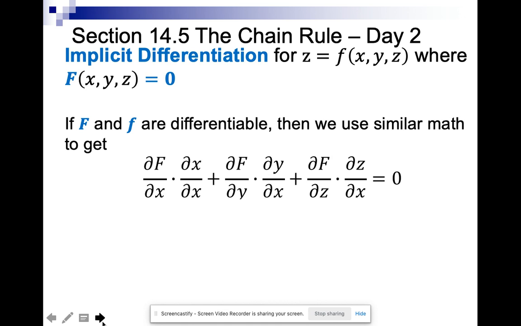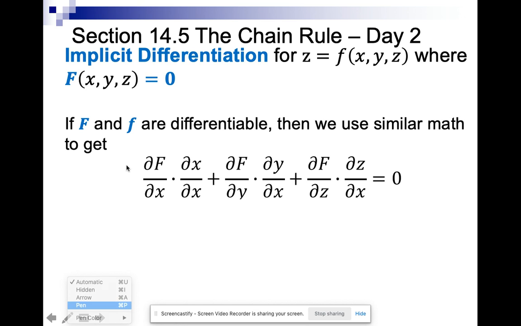So formally, if z is equal to a function in 3 variables, we call that function capital F, set it equal to 0 or any constant really, and then take the derivative of both sides.